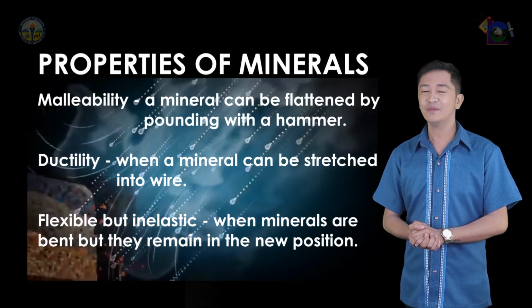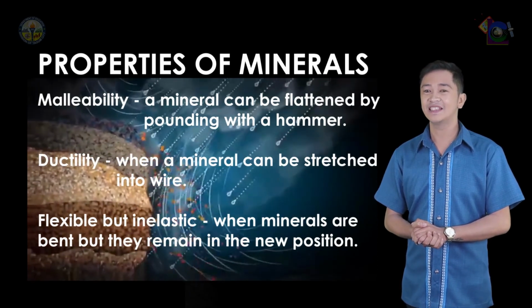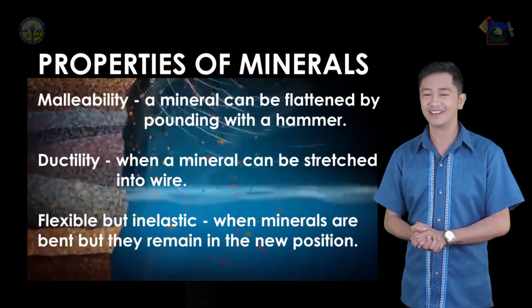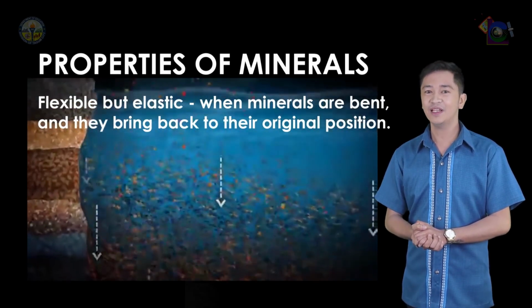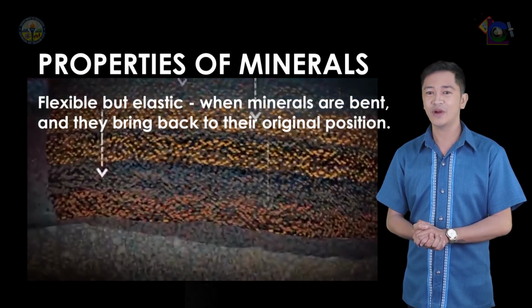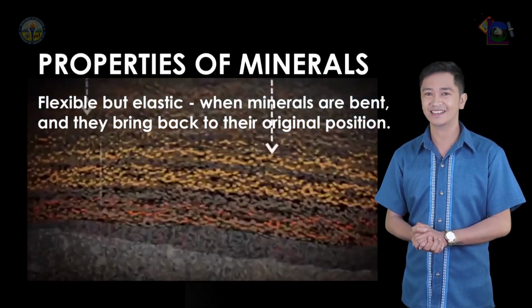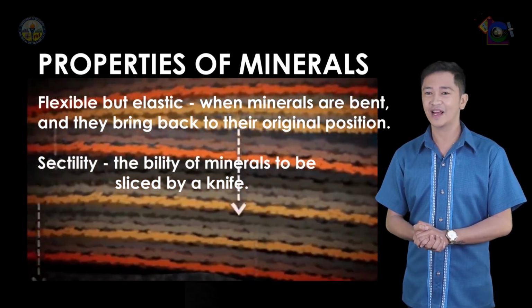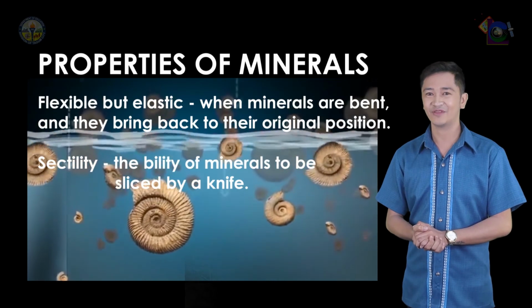Flexible but inelastic. This is when minerals are bent, but they remain in the new position. Flexible and elastic. When minerals are bent, and they bring back to their original position. Sectility. It is the ability of minerals to be sliced by a knife.